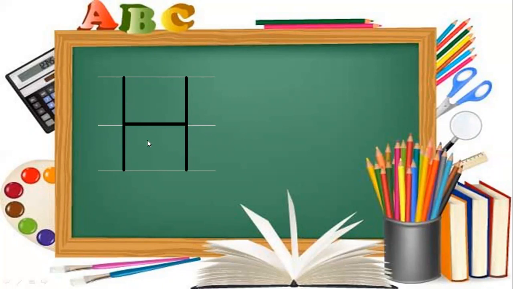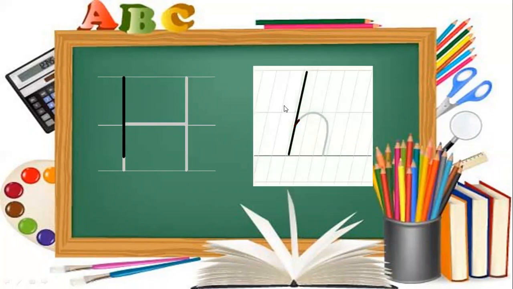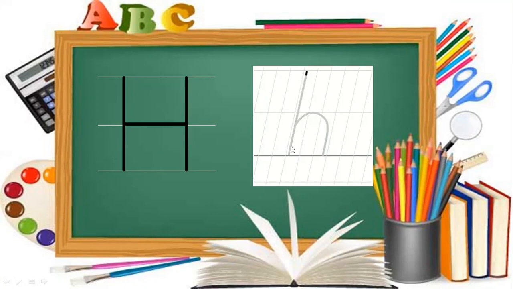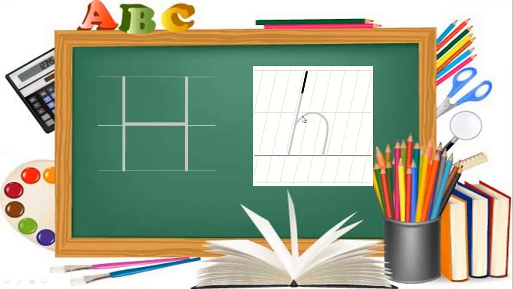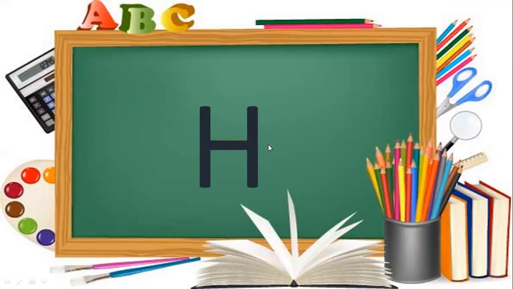So this is our capital letter H. Now small letter H, draw a standing line from the top to the bottom and then from the middle curve it and come towards down touching the bottom. So it will form a small letter H. This is our letter H.